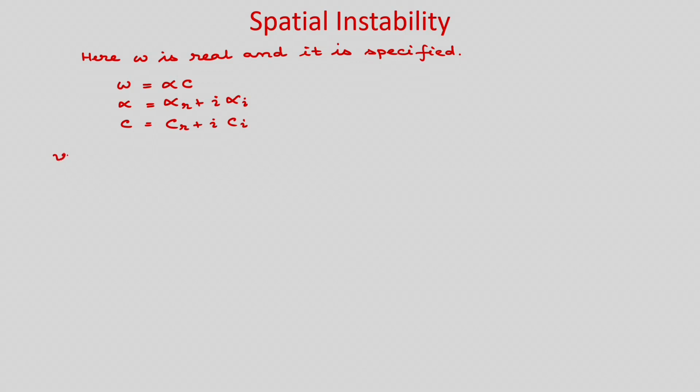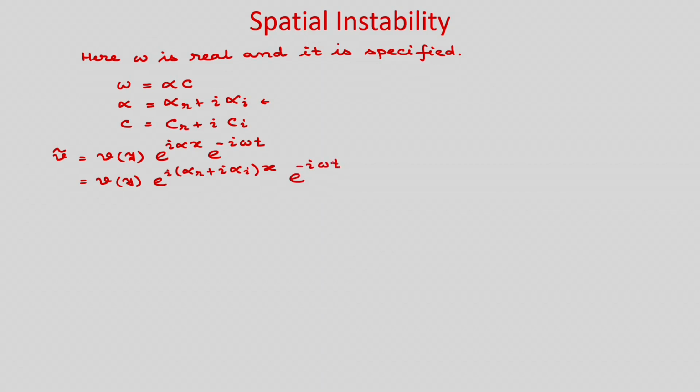So, now we can write v tilde is equal to v, which is a function of y, e to the power i alpha x, e to the power minus i omega t. So, what we will do now? We will just substitute alpha by this expression. Okay. So, we can write v e to the power i, alpha r plus i alpha i, x, e to the power minus i omega t.